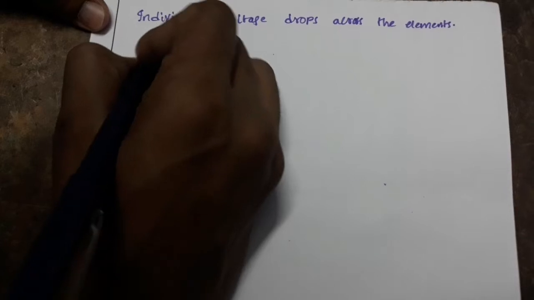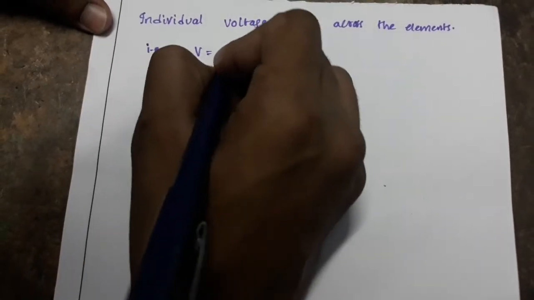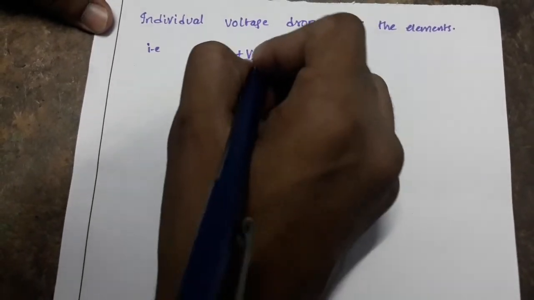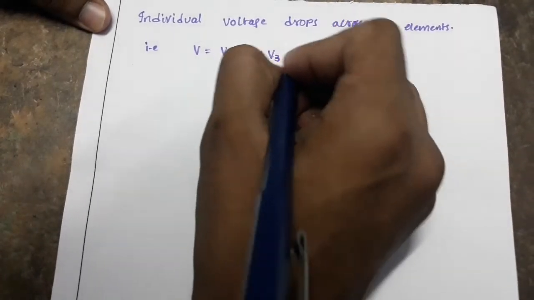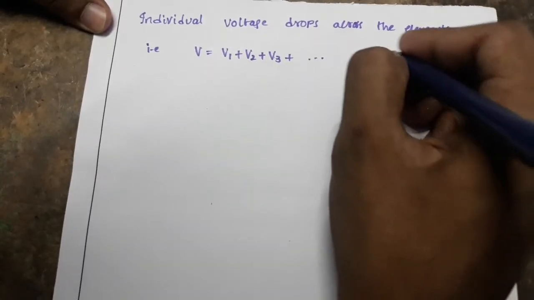That is V equivalent to V1 plus V2 plus V3 plus so on, if n resistors are connected.